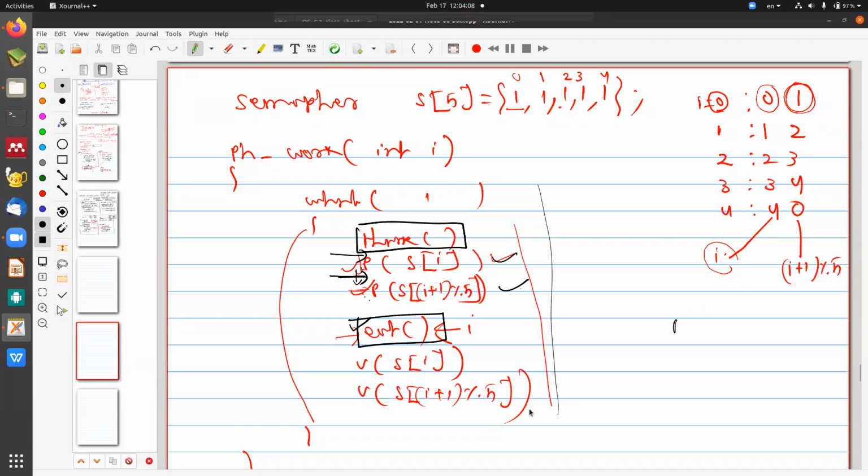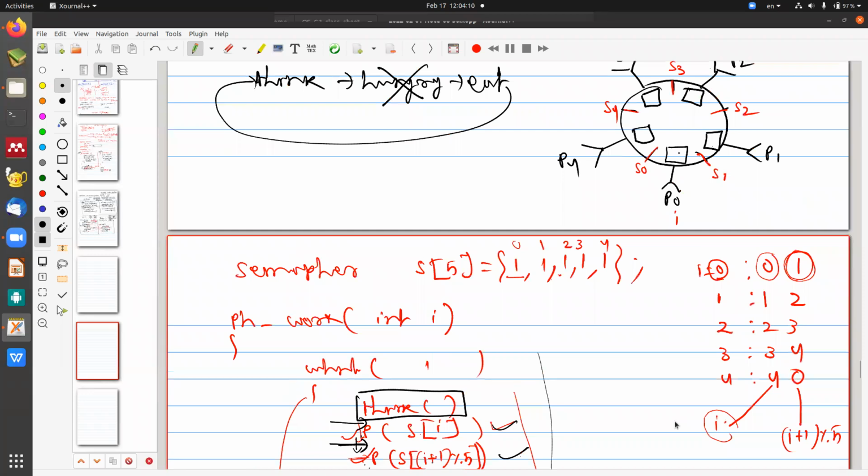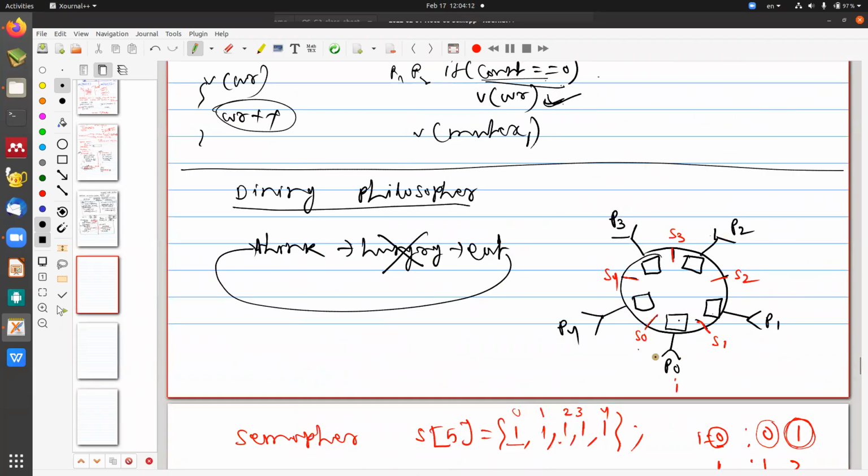P1 is entering, make a context switching. Then what happens? This P0 occupies this one. This P1 occupies this one. This P2 occupies this one. This P3 occupies this one. Then what happens? Everybody has taken their left chopsticks, and for them there is no right chopstick available.